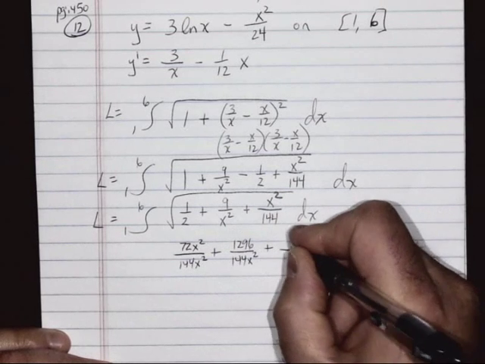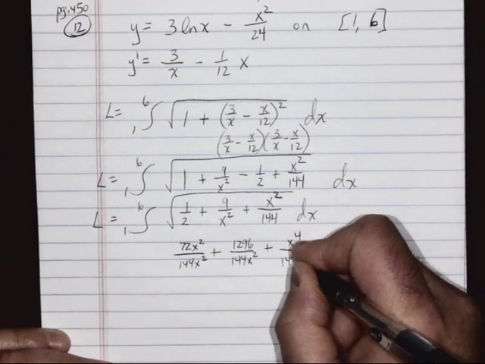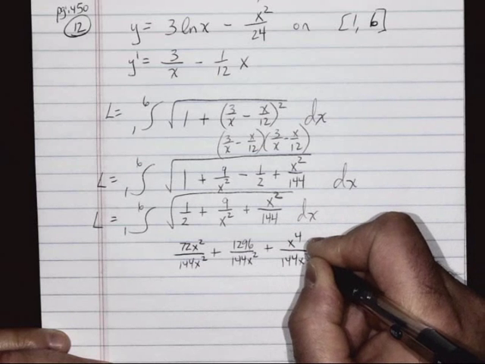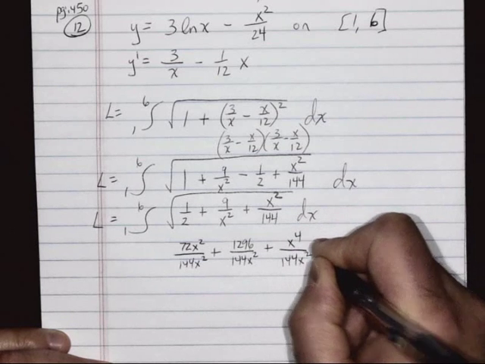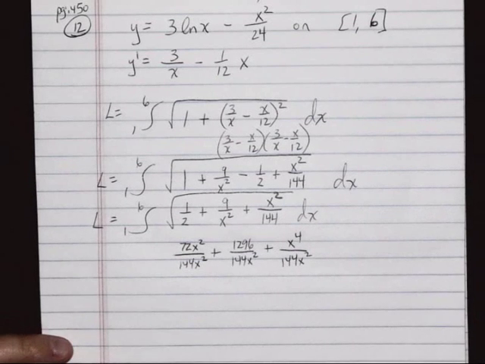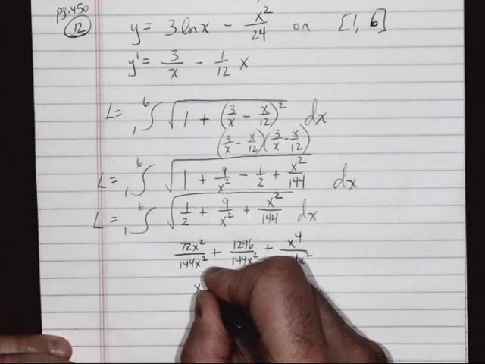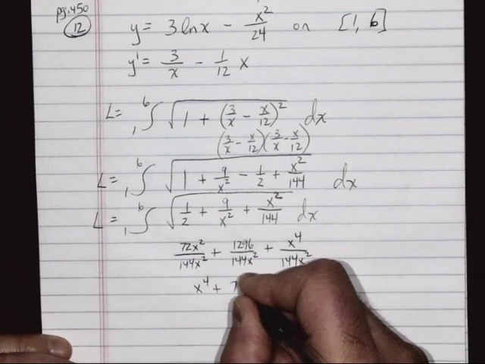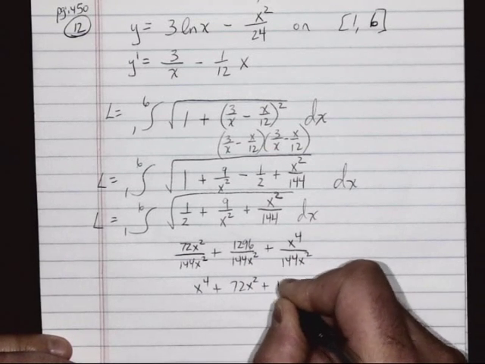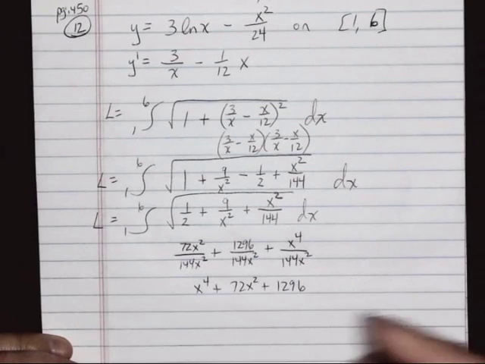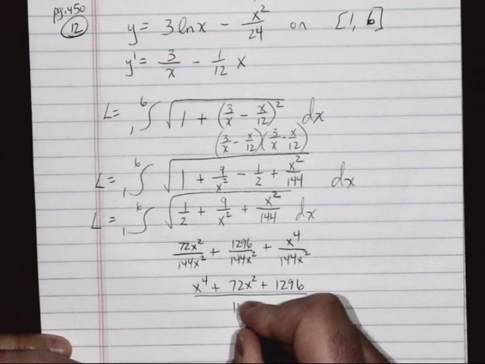And then I multiplied the top and bottom here by x squared. So that gives me a common denominator, and then I can add all of those up, put that under one single fraction. Like so.